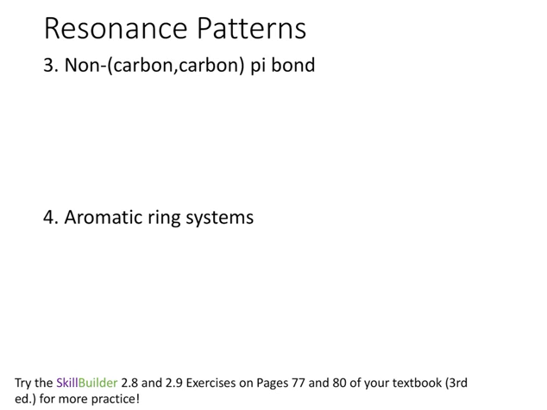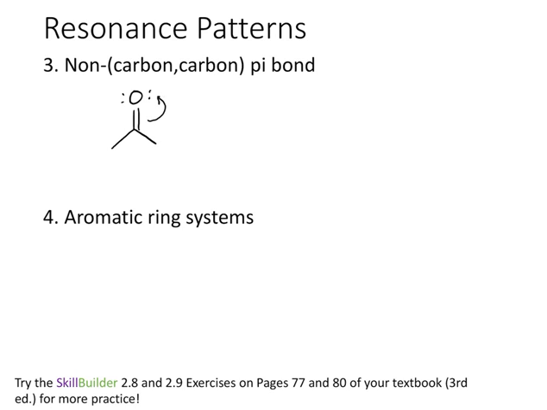Number three, if you have a non-carbon-carbon pi bond. So let's go back to that first structure, except let's say that all the carbons are neutral. We do have a double bond between oxygen and carbon, and oxygen is electronegative, so it does like electrons.